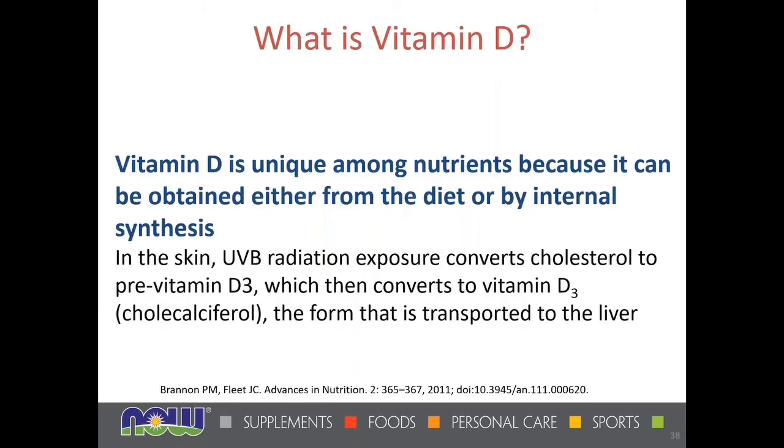So that makes vitamin D unique because we can synthesize it. It is not only available from the diet. And there are subsequent conversions in the liver and the kidneys to make the hormones that vitamin D really is intended as a precursor of.